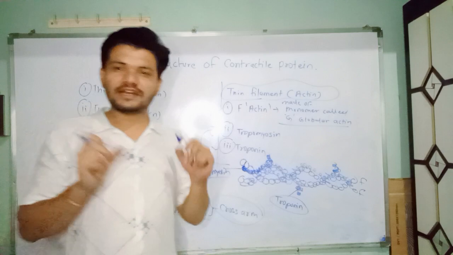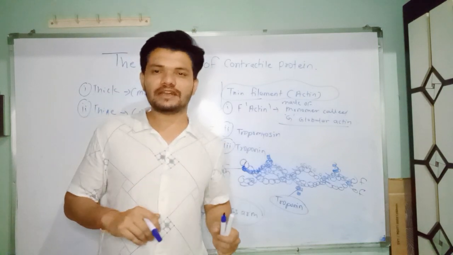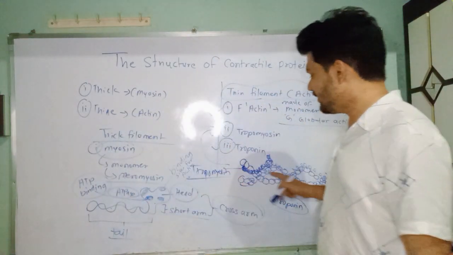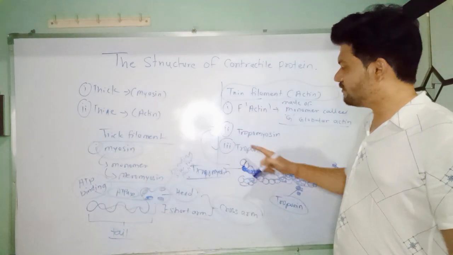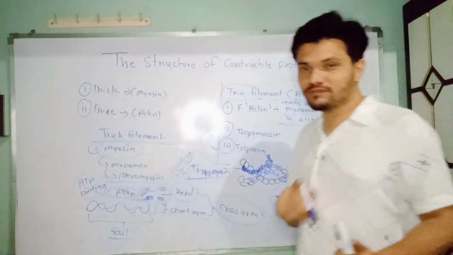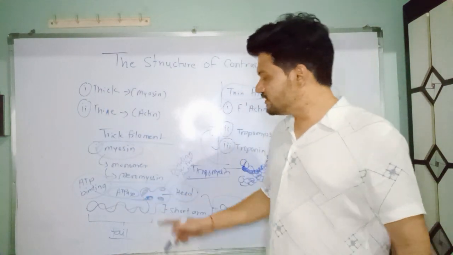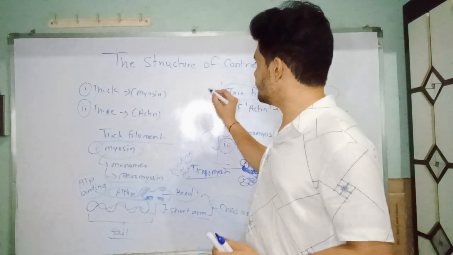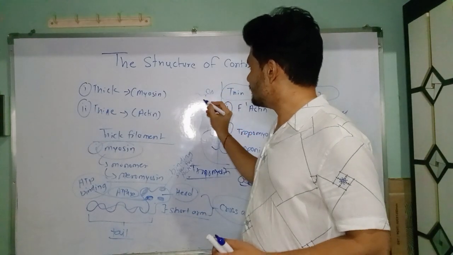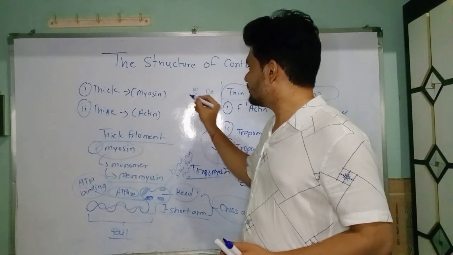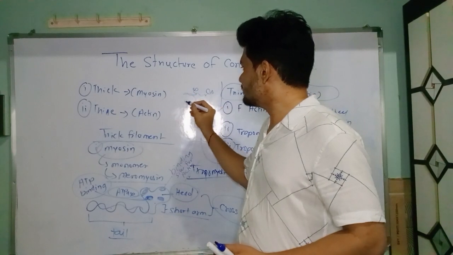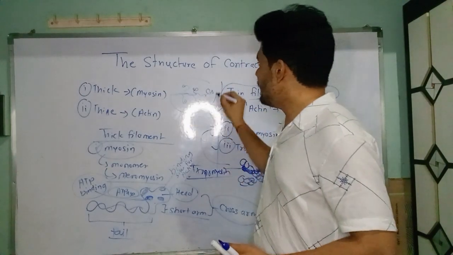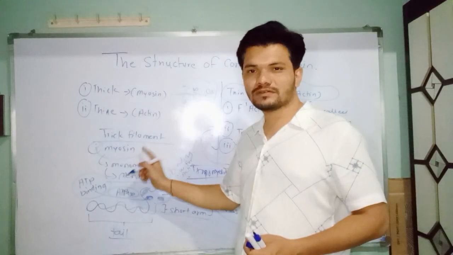So these are the two contractile proteins present in your myofibril. One makes your thin filament, made up of three proteins, and one makes your thick filament, made up of this protein, meromyosin. Suppose this is one meromyosin, this is another, and another, and another. All of them make myosin protein.